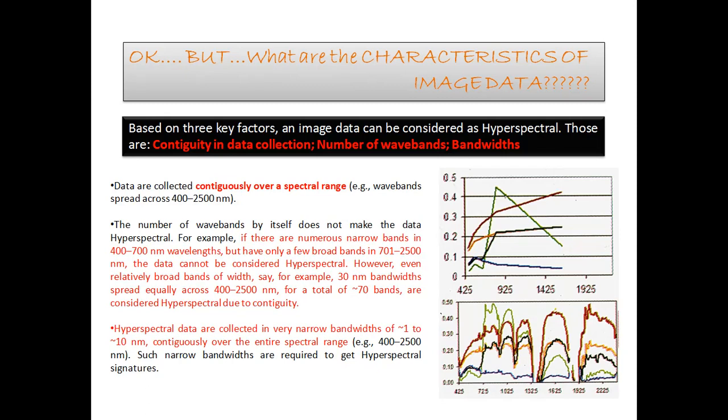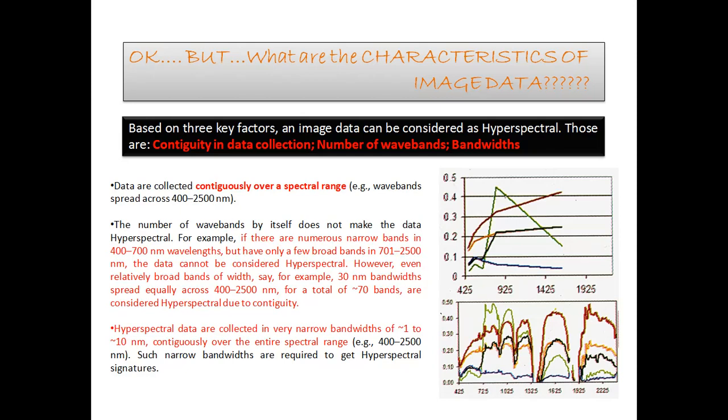Likewise, if a range of 400 to 2500 nanometer is taken, and if it is seen that up to 700 nanometer there are numerous narrow bands, and from 701 to 2500 nanometers there are some broadbands, that is not required. That will not be a hyperspectral image.